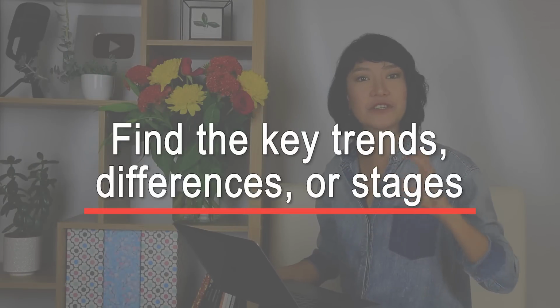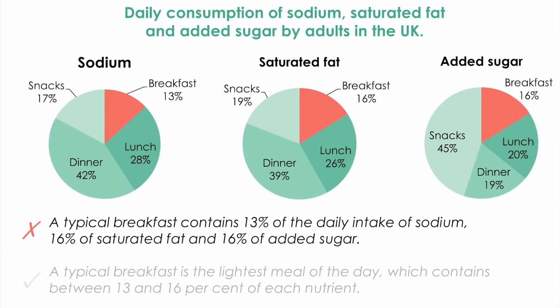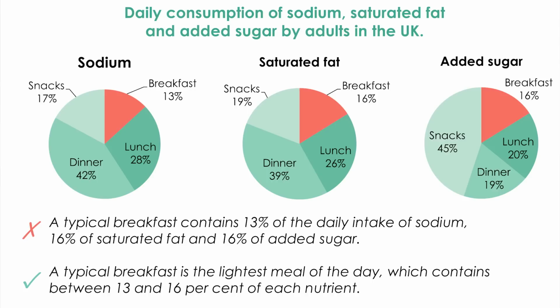What you should do instead is find the key trends, differences, or stages. When you look at your data, you need to analyze them and explain what they mean, what stands behind the data. So if we continue talking about our breakfast, a much better example would be this. A typical breakfast is the lightest meal of the day, which contains between 13 and 16% of each nutrient.